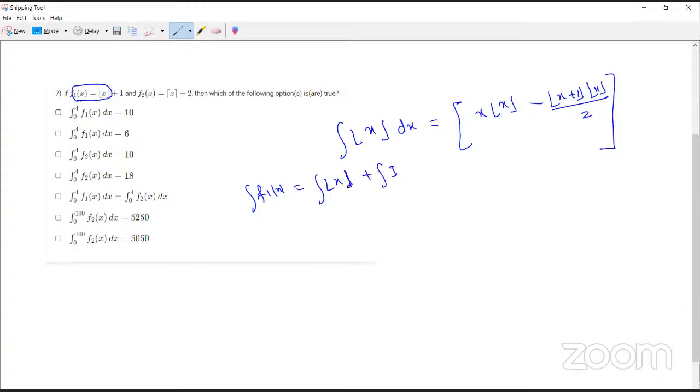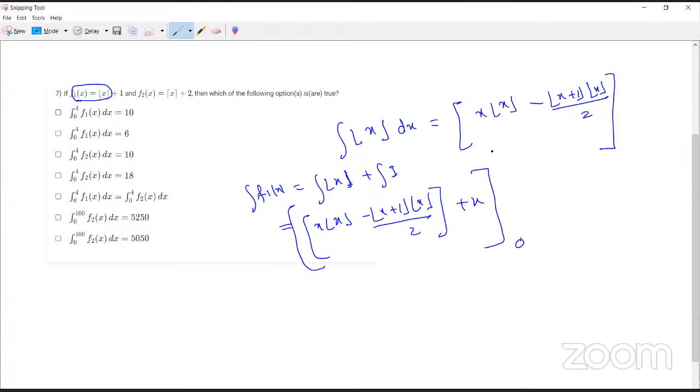The integral of floor function will be like this only: x floor function x minus floor x plus 1 floor x divided by 2, then plus x, right? And this is 0 to 4.